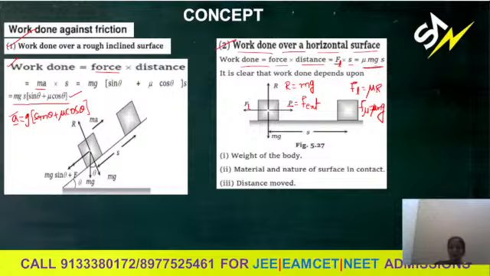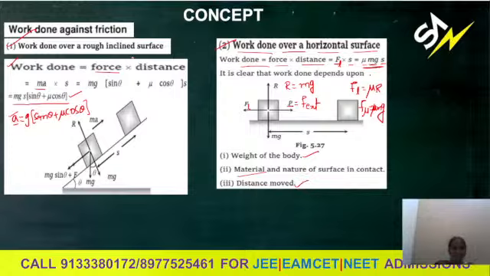If we observe, it depends upon the weight of the body mg, the material and nature of the surfaces in contact, that is mu, because mu always depends upon the nature of the material of the surfaces in contact, and S is the distance, so it depends upon distance too.